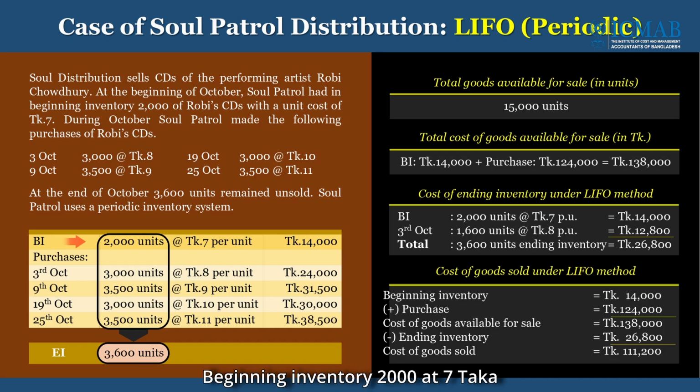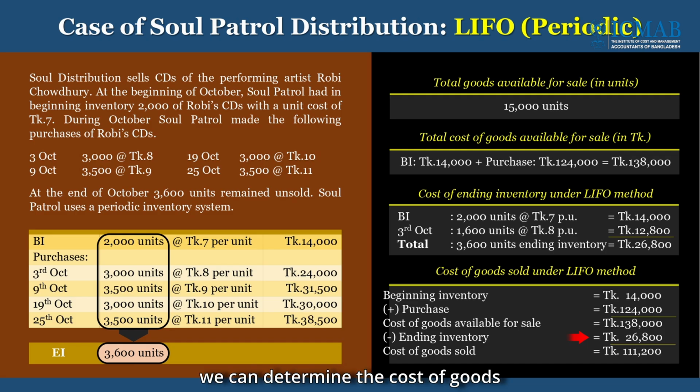So we can determine the value of inventory this way. Beginning inventory 2000 at 7 Taka per unit, so the total value is 14,000, and the value of the remaining 1600 units can be derived from the purchase made on October 3. The value of these 1600 units is considered at 8 Taka per unit, so the total would be 12,800, and so we can determine the value of ending inventory as Taka 26,800.